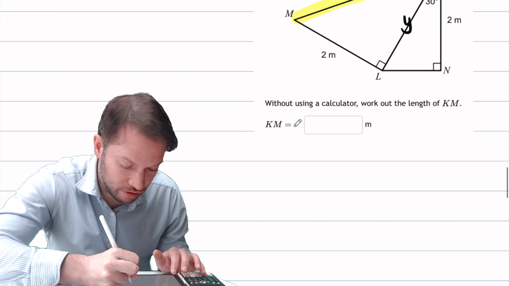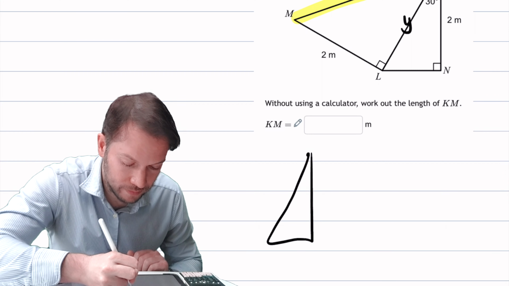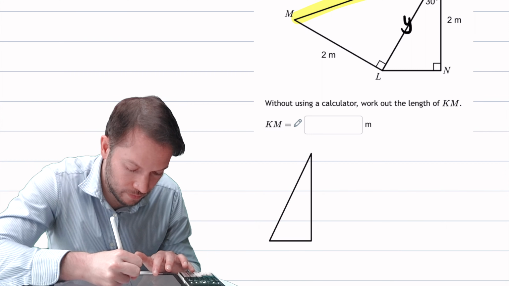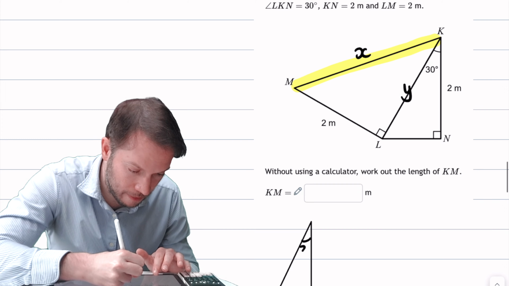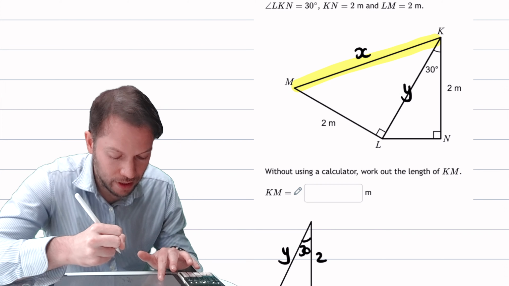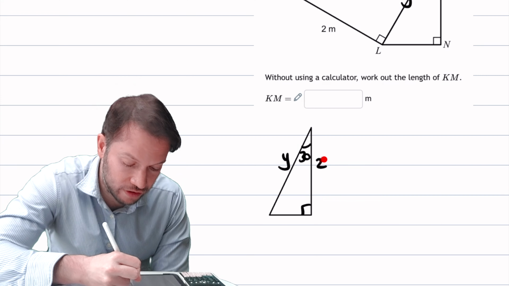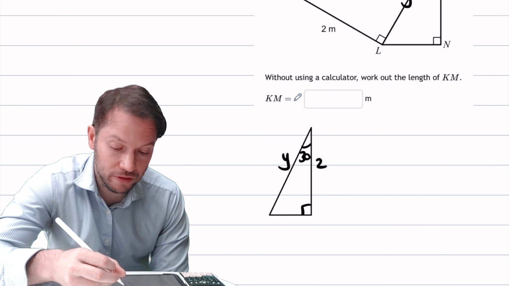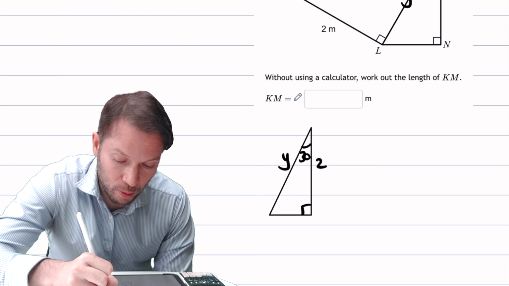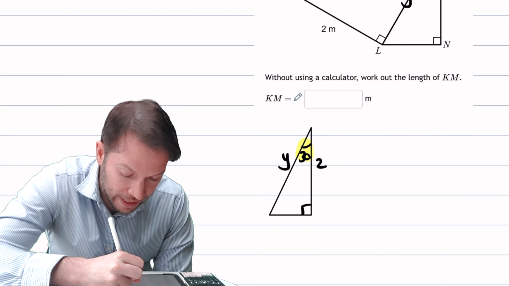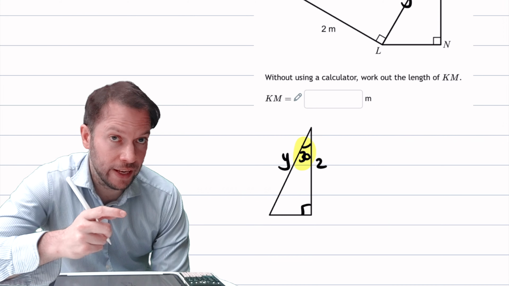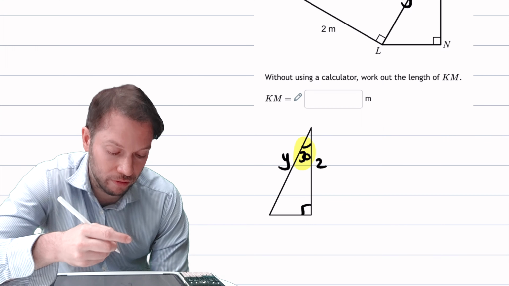So let's just draw out this triangle separately. We've got the 30 at the top, we've got the 2 here and the y. And remember, we've got to use trigonometry here because we've got two side lengths and an angle involved. So remember what we do first. Relative to this angle of interest, the 30 degrees, the angle of interest is a labelled angle that's not the right angle.